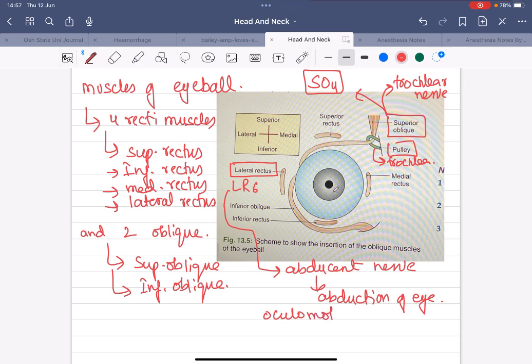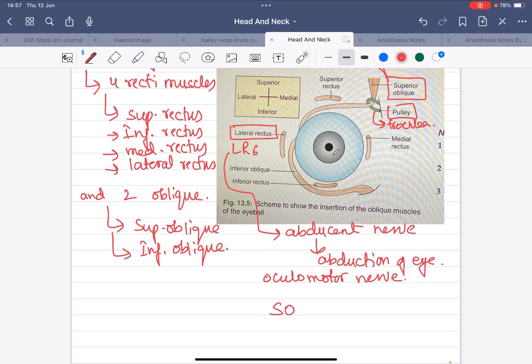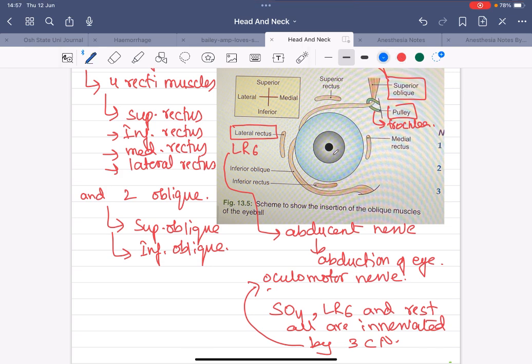So the mnemonic is SO4, LR6, and the rest are all innervated by your third cranial nerve, that is the oculomotor nerve. Clear to everyone? SO4, LR6, rest all are innervated by your oculomotor nerve. Now some important points in relation to these recti muscles.